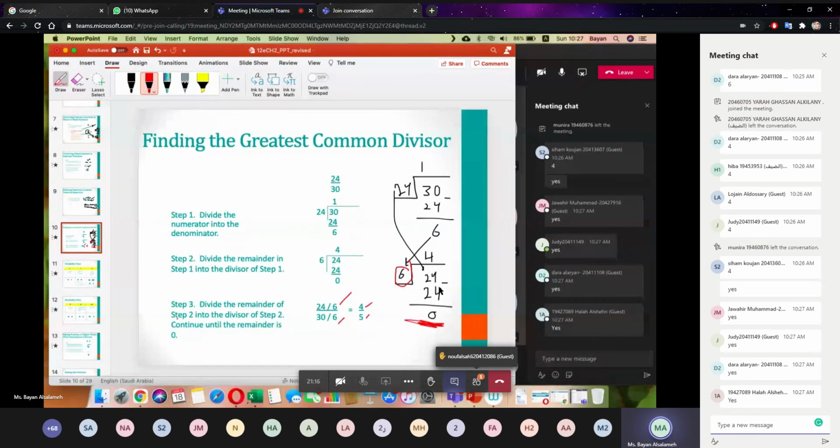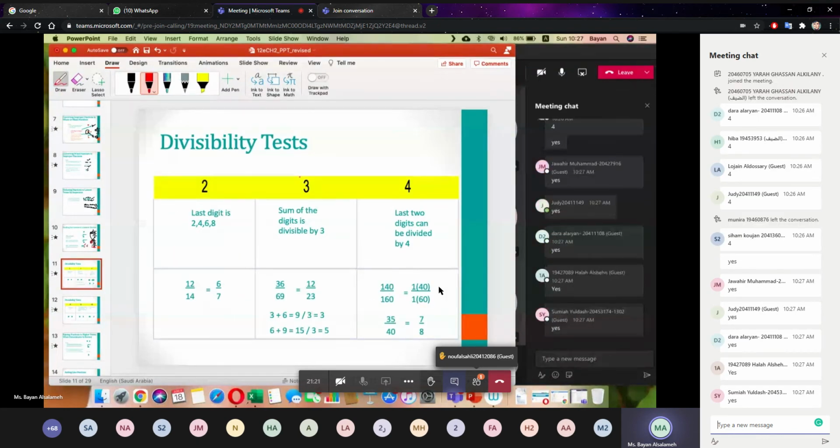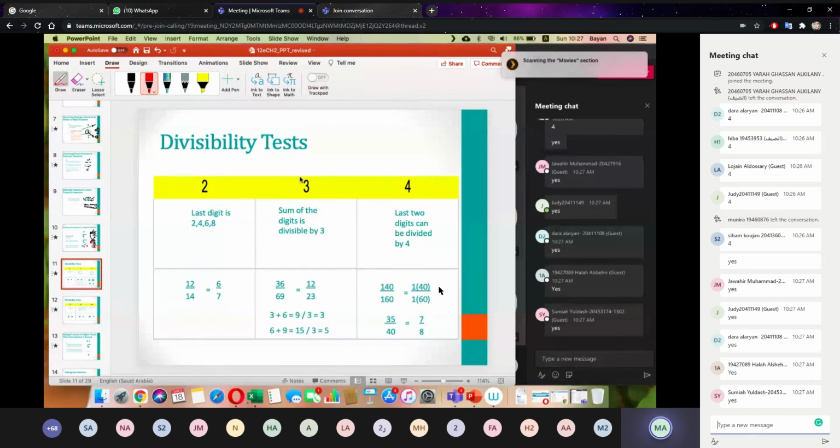Okay, now let's move to divisibility tests. Here you're going to learn how to find the values that we can divide by 2. Any value that ends with 2, 4, 6, or 8, you can divide by number 2.